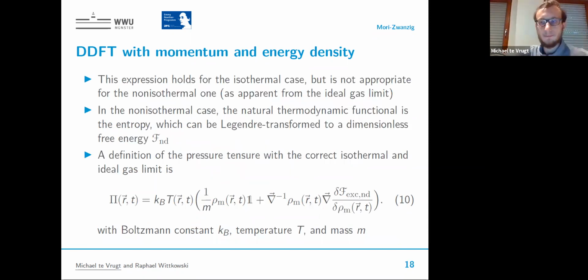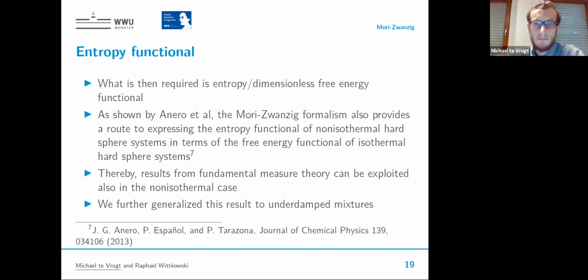Okay. Then what we require is the entropy functional, or equivalently the dimensionless free energy functional. And another thing that is useful about the Mori-Zwanzig formalism is that it also provides an explicit expression for the entropy functional, or the free energy functional.